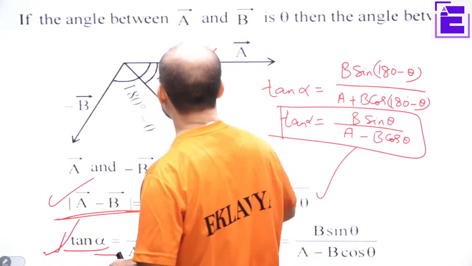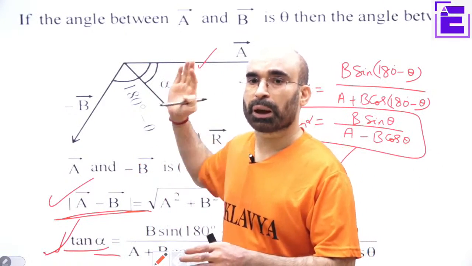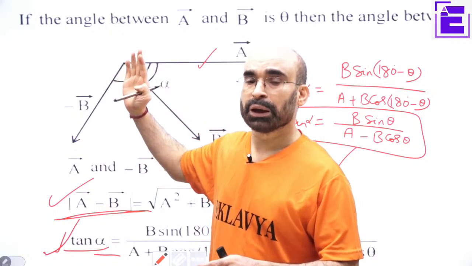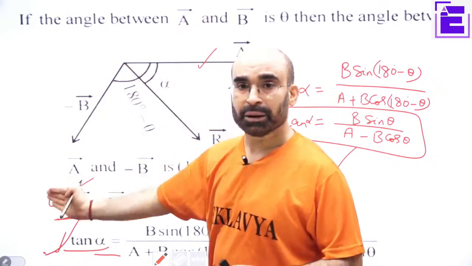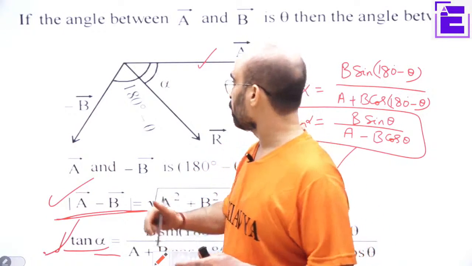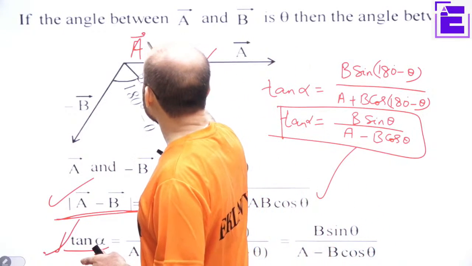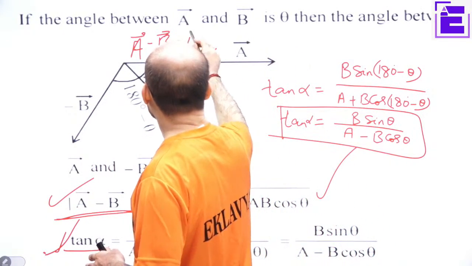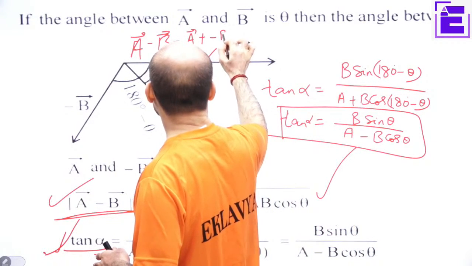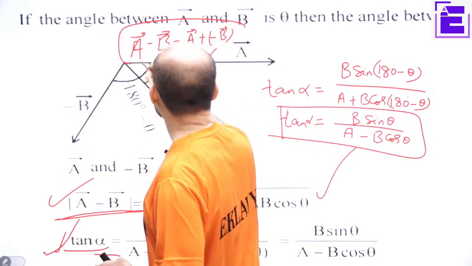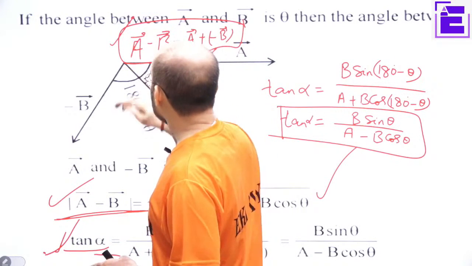So this is the angle alpha made with vector A. So the subtraction of vectors is the sum of vector A and the negative of vector B. Vector A minus B is A plus minus of B. I think you have understood this very simply.